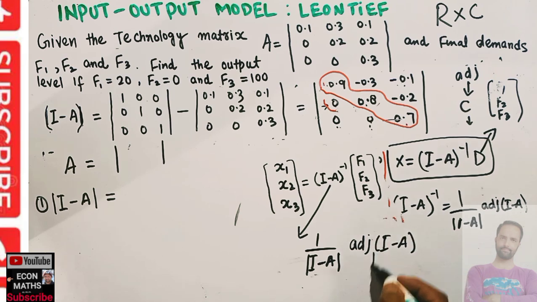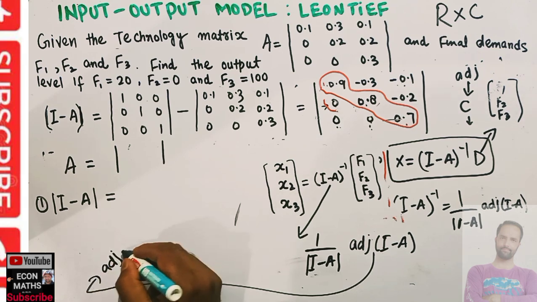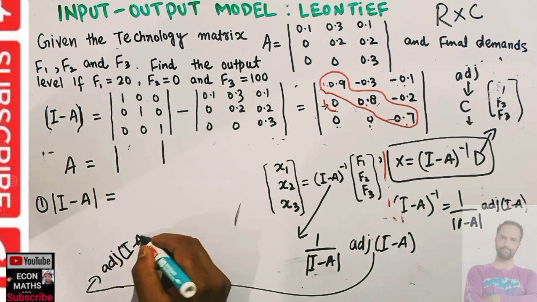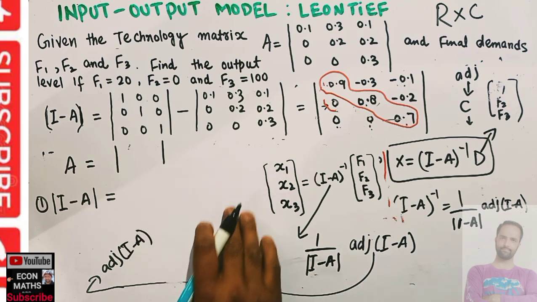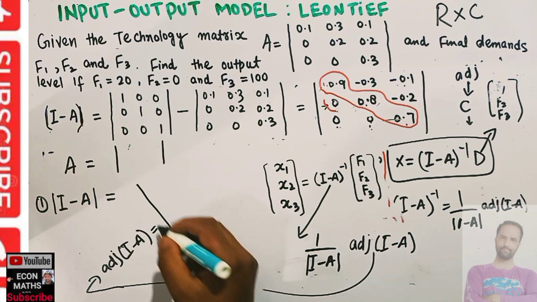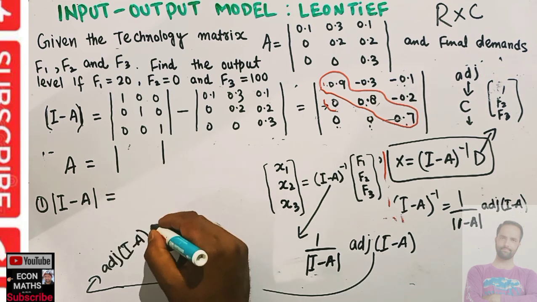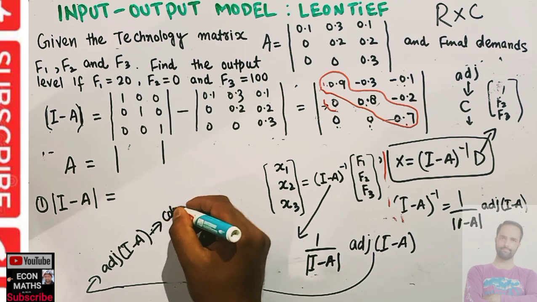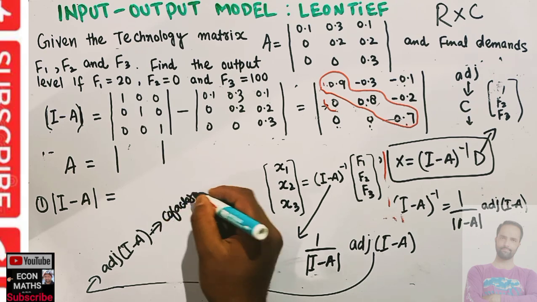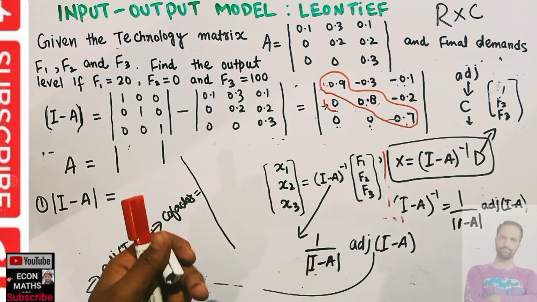So in turn, to find the adjoint of I minus A, we need to find the cofactor matrix. How do we form the cofactor matrix?